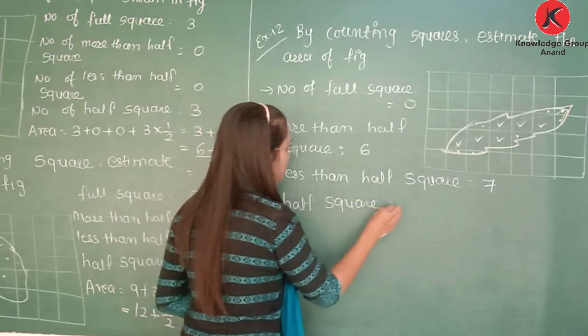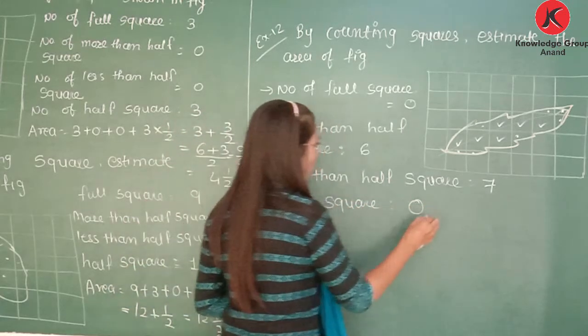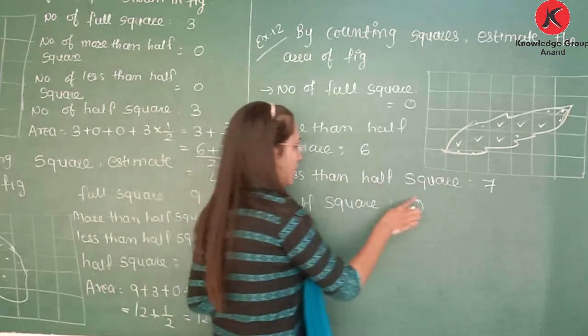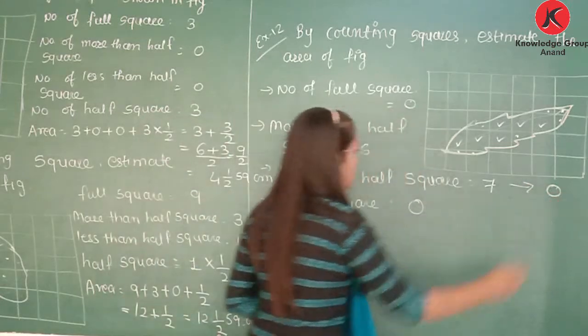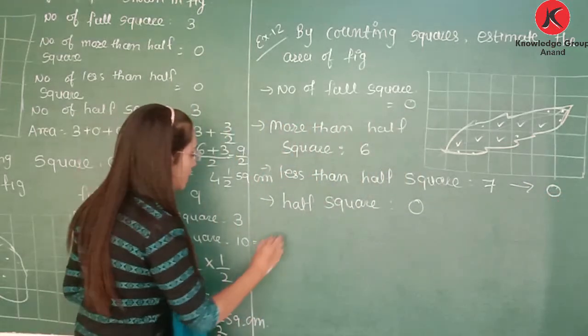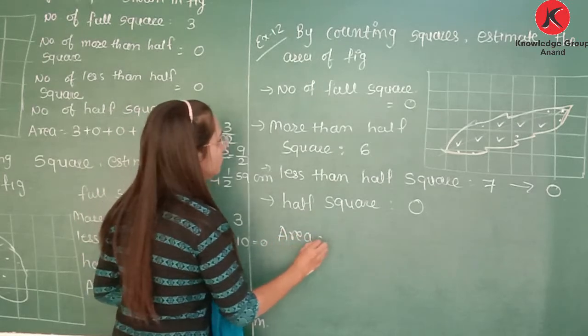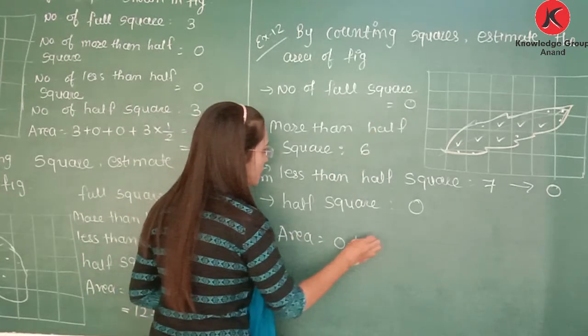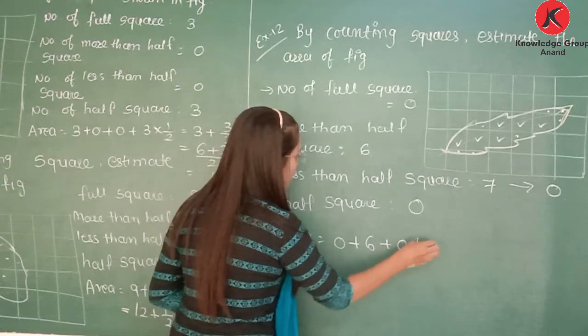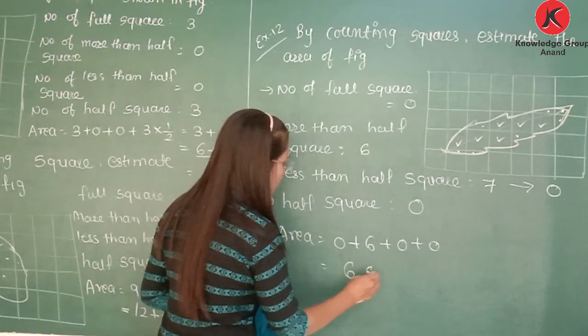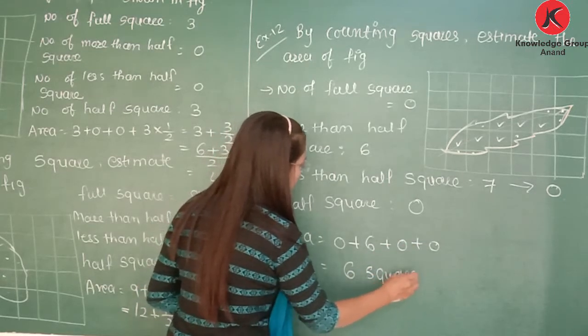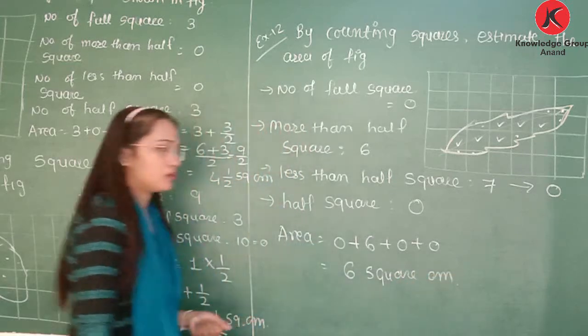How many half squares? So 0. There are no half squares. Now less than half square is considered as 0 square unit. That's why area will be 0 plus 6 plus 0 plus 0. That's why it is 6 square centimeter. Clear?